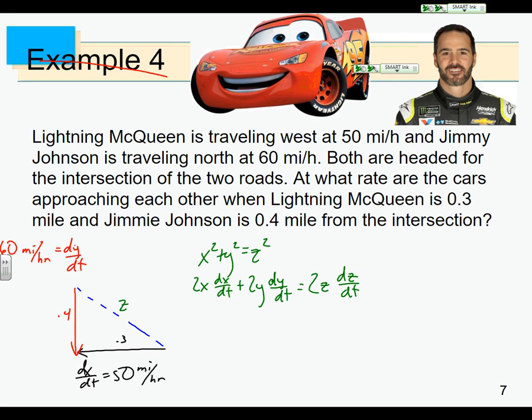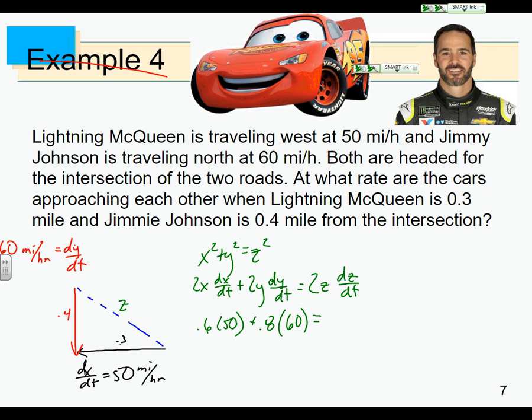So now I can plug in what I know now that I've done the rate of change on everything. My x is this 0.3. That's my snapshot. 2 times 0.3, I'm going to call that 0.6. And I know how fast Lightning's going. Lightning's going 50 miles an hour. 2 times y. My y is 0.4, so I'm going to call that 0.8. And Jimmy's going 60 miles an hour. And then my z.